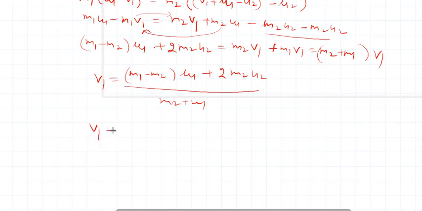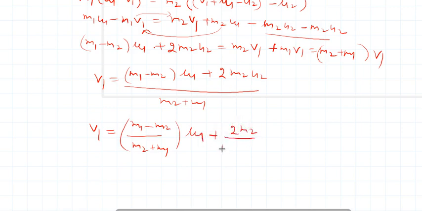That means V1 is equal to (M1 minus M2) over (M2 plus M1) U1 plus 2 M2 over (M2 plus M1) U2, and let us call this equation number 6.